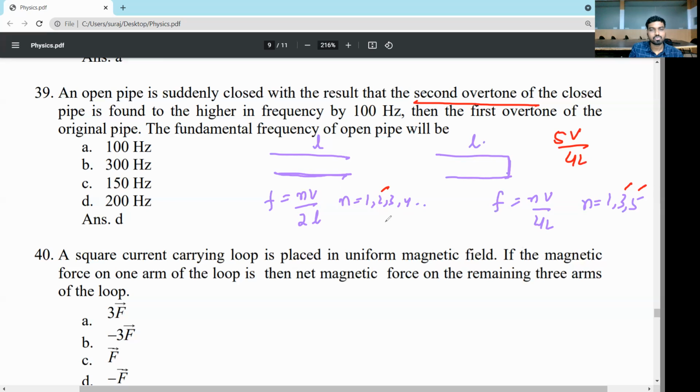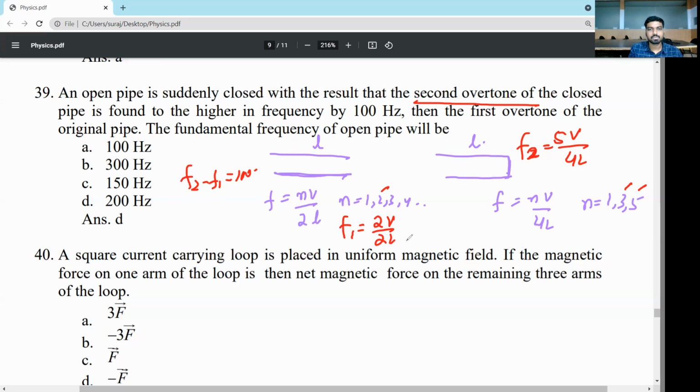That is here will be 2, right? 2v by 2L. This is, let's say, F1. This is, let's say, F2, right? Now what is given here? F2 is higher by 100. That means F2 minus F1 equal to 100. They are asking v by 2L.